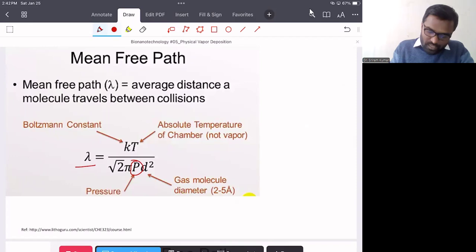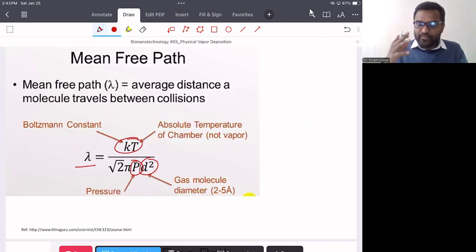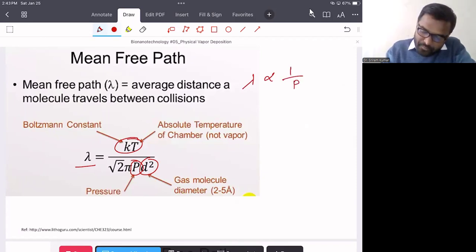Suppose the temperature of the chamber is fixed and the dimension of the gas molecules is fixed. Then we have dependency only on pressure. If the pressure is very high, lambda is very, very low, and here lambda is the mean free path.